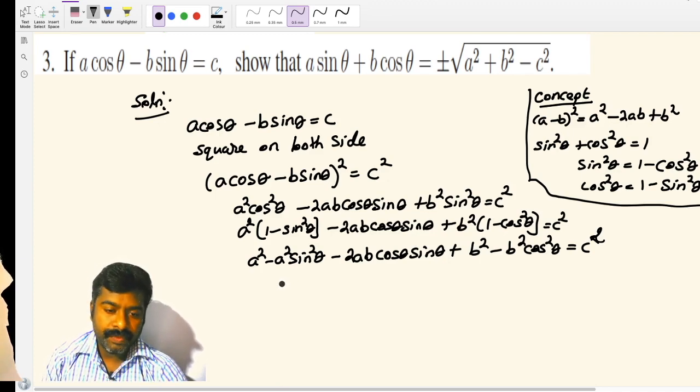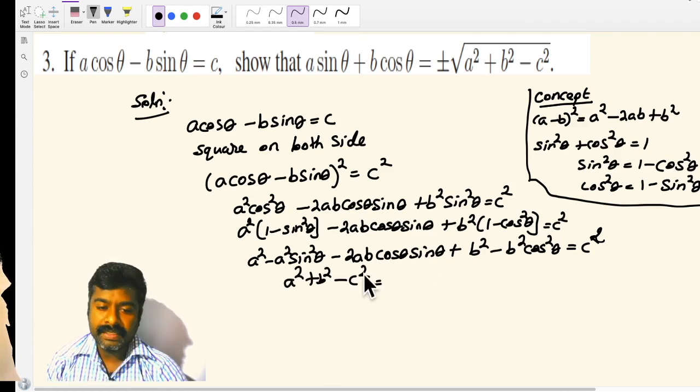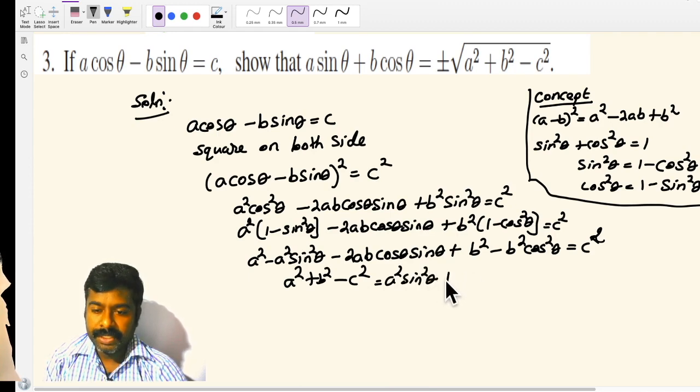Therefore a square plus b square minus c square, with c square taken to the left hand side, equals a square sin square theta plus 2ab cos theta sin theta plus b square cos square theta.